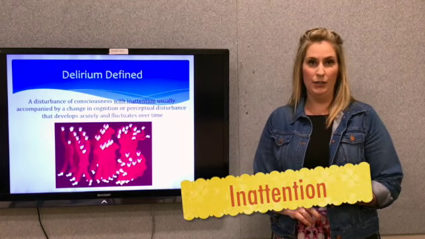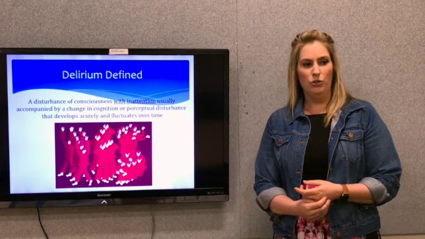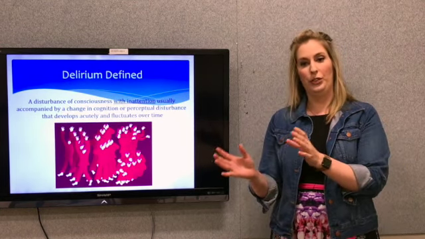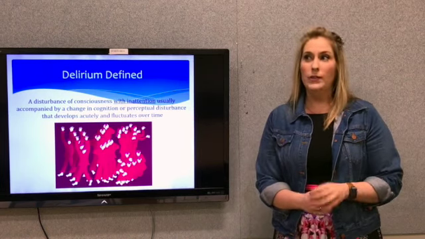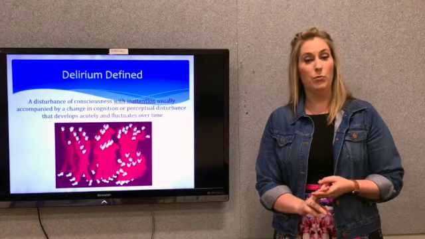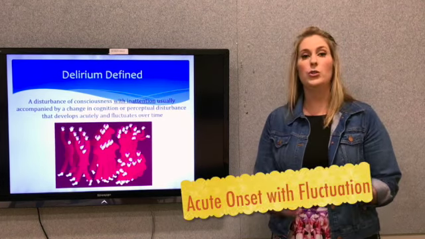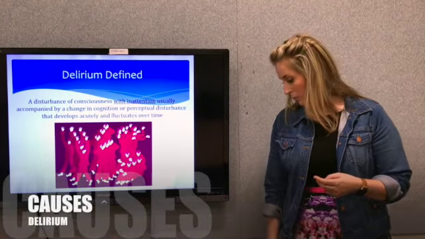You must be inattentive to have delirium. Inattention is just the ability to concentrate on something or the ability to appropriately shift concentration to another item. The second part of delirium that you must have is that there must be an acute onset that fluctuates. So you must have these two things in order to be considered delirious.